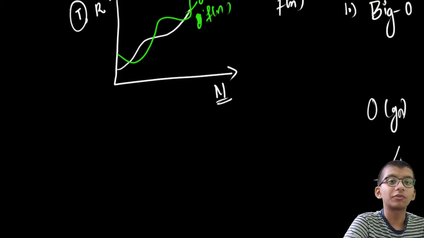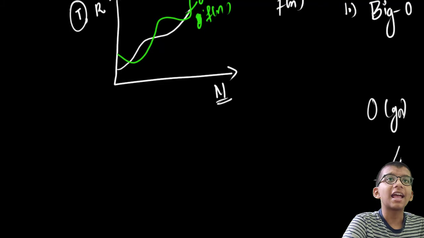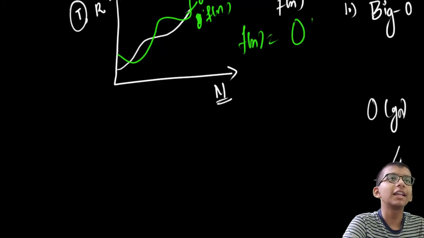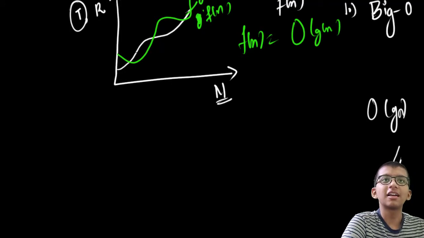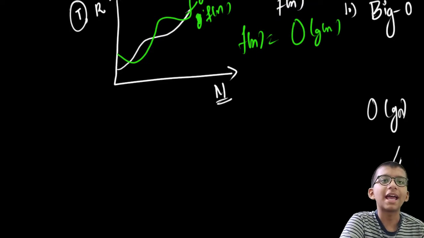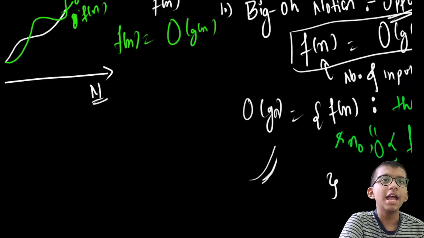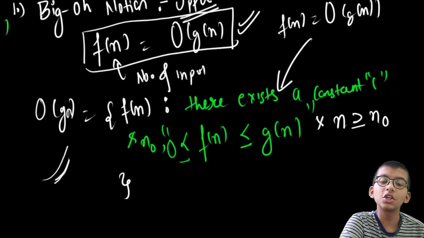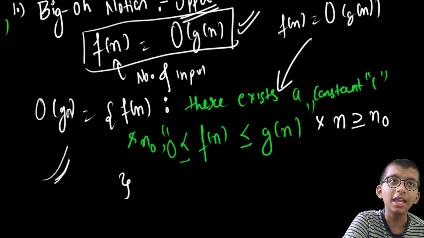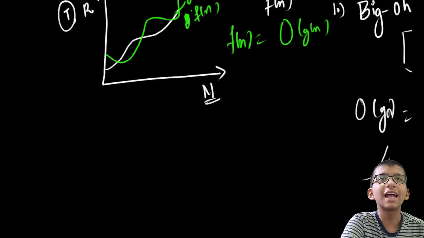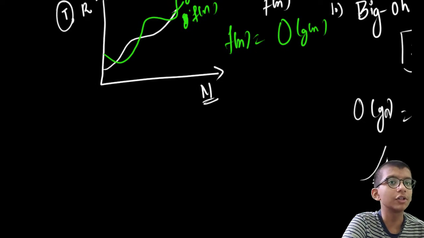From seeing the graph, you can see that f of n is big O of g of n. The reason is that it satisfies the condition: g of n is greater than f of n. And one more condition is that n should be greater than or equal to n naught.